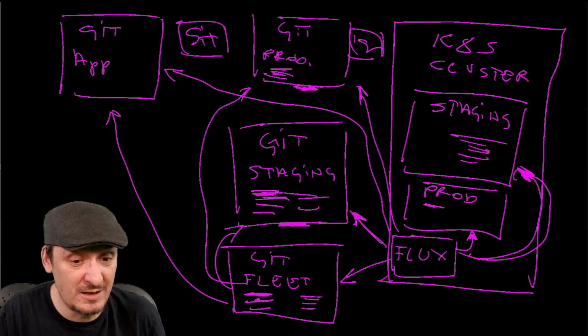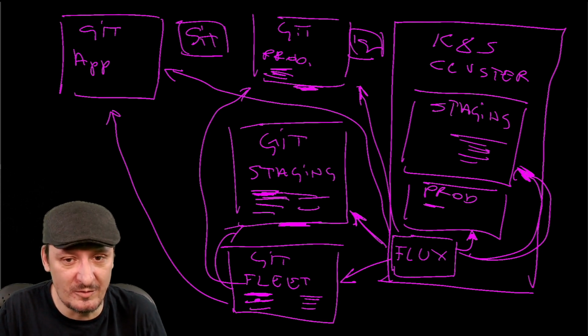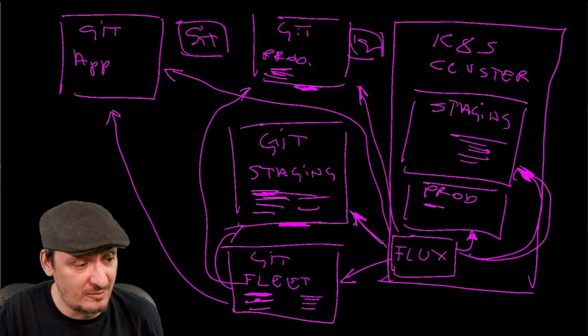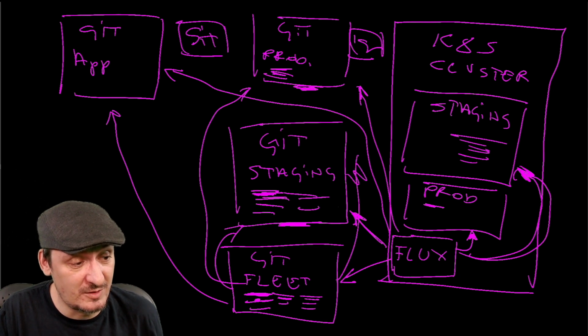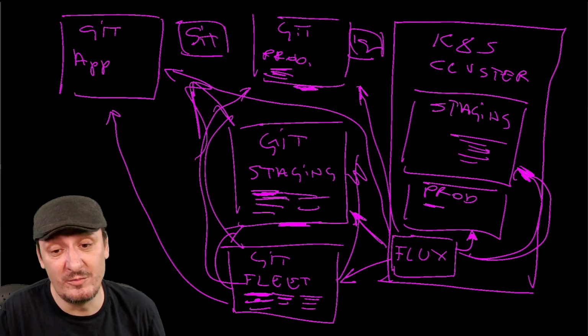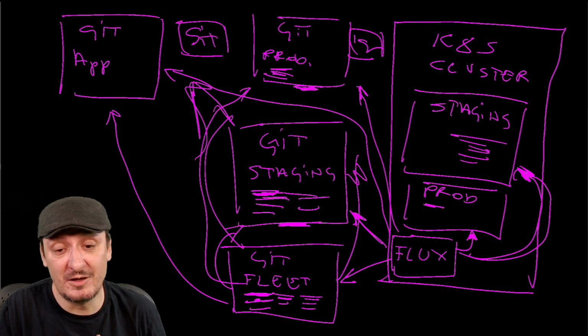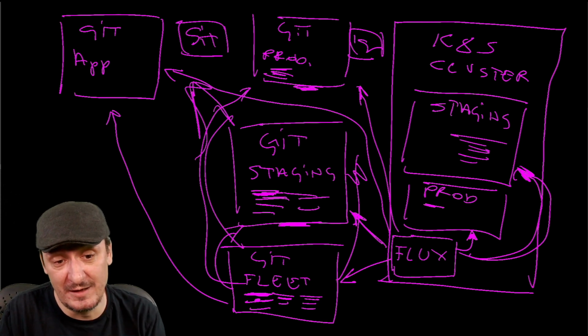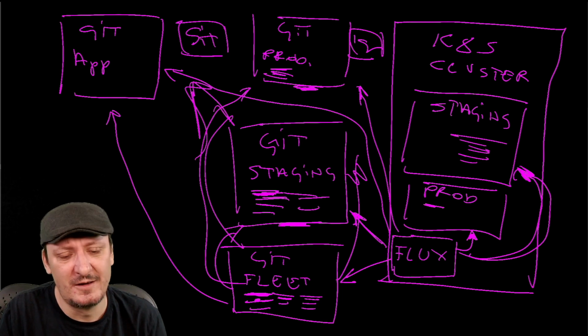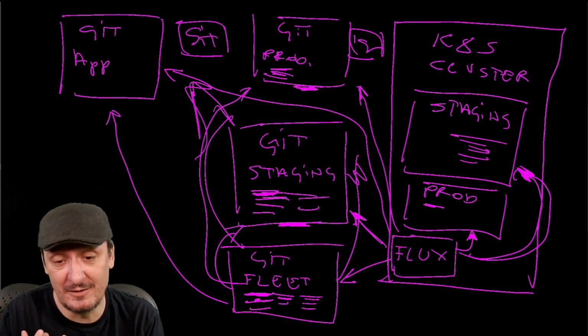I could have as many or as few repositories as I want, and as long as I add a source that points to one of those repositories, Flux will start monitoring those repos, and from there on, it's all about adding releases, Helm releases, or customization files, or whatnot, to apply those desired states into the cluster.